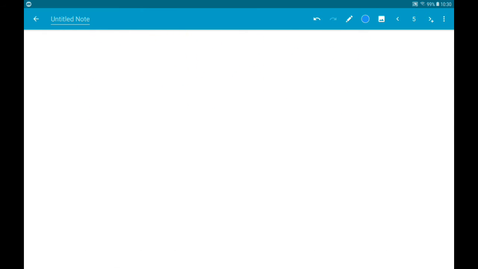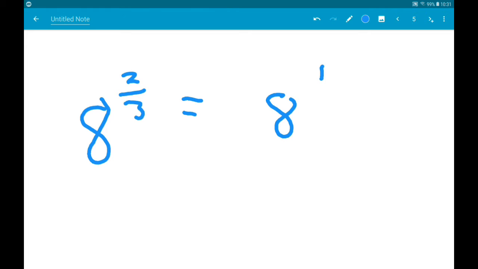So, say that we had 8 to the power 2/3. Now, we are going to split that into 8 to the power 1/3 squared. Now we can do that because 1/3 times 2 is 2/3.